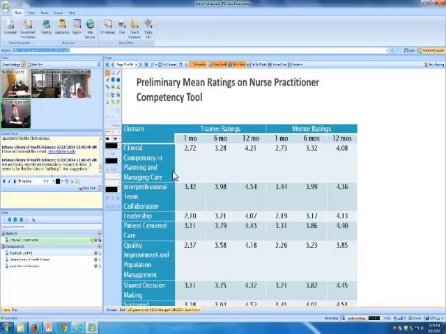With the clinical competencies, some of the things we ask there are: able to perform a comprehensive H&P, able to construct pertinent differential diagnoses, order appropriate screening diagnostic tests, order appropriate consults, order appropriate medications, perform comprehensive medication reconciliation.